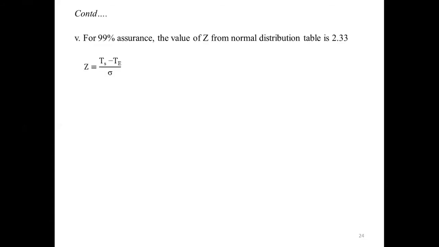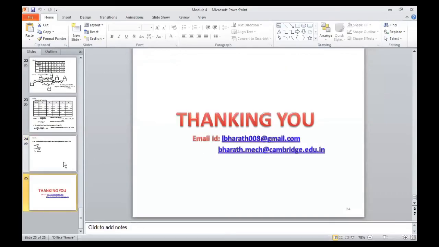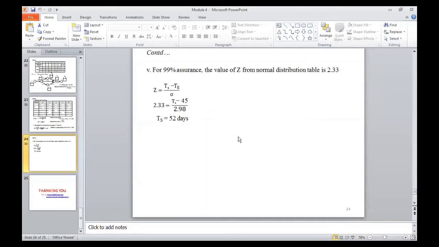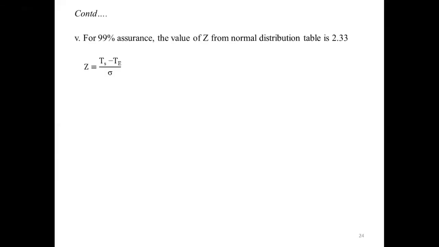Then next, in the subdivision, for 99% assurance, the value of Z from the normal distribution table is 2.33. That is Z equals 2.33. For 99% of assurance, you have to look up the Z value from the normal distribution table.